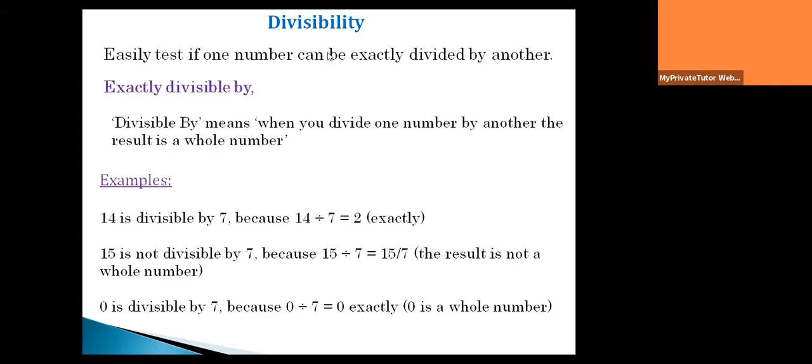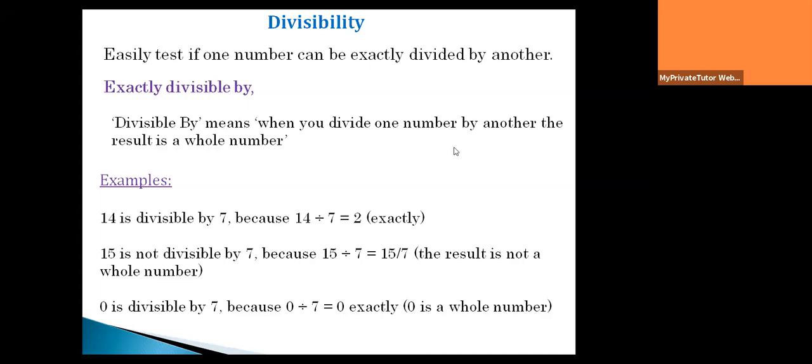For example, 14 is divisible by 7. 15 is not divisible by 7. We can divide 15 by 7, but we end up getting a decimal answer. So the result has to be a whole number without any remainder.